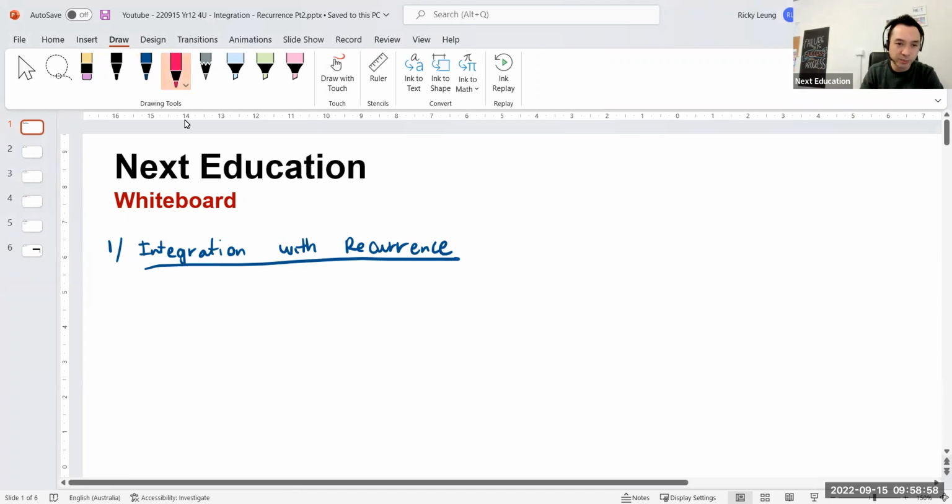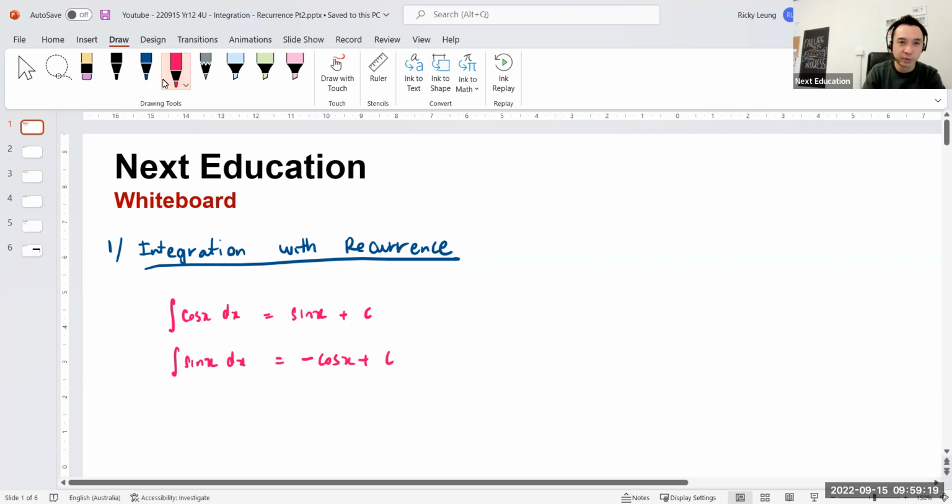Before we begin, just because we're dealing with trig today, let's make sure of a few basics. If I integrate cos x, we all know that's sine x plus c. The integral of sine x dx equals negative cos x plus c.